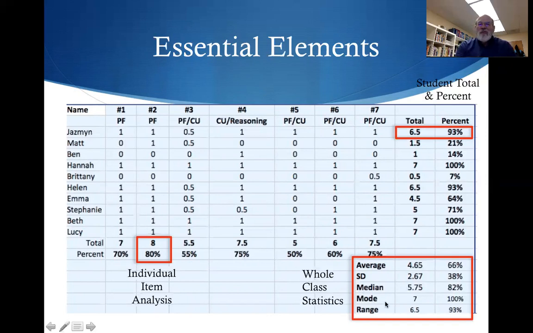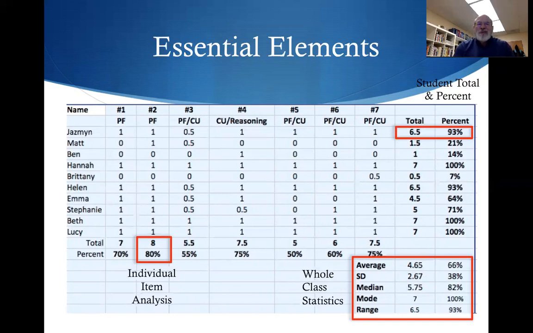If you look at the lower right, here's information about my whole class statistics. The average score, the standard deviation, the median, the mode, the range. Now, if you think about using those statistics, make sure you know what they mean.